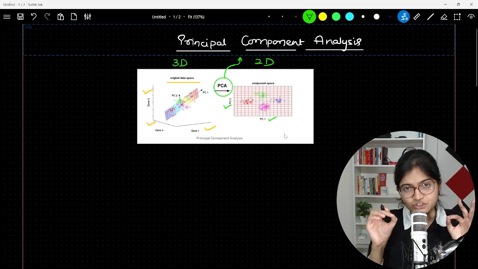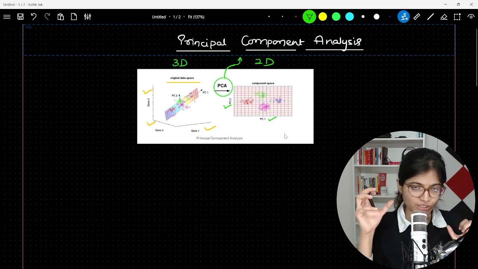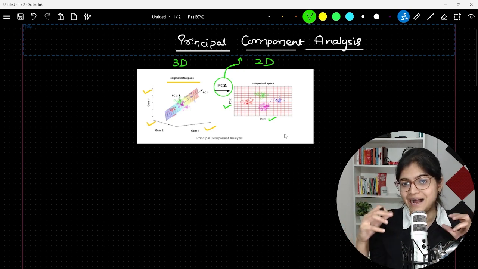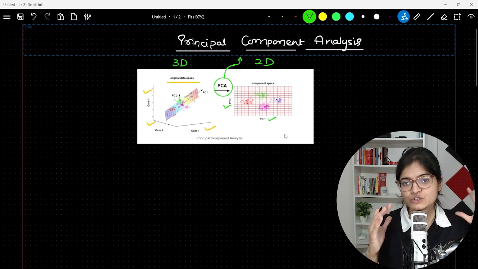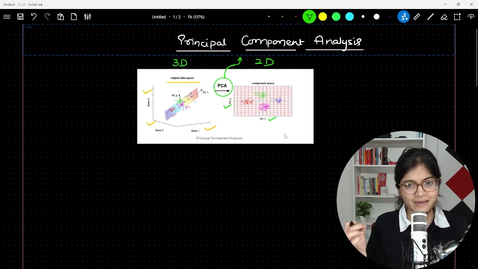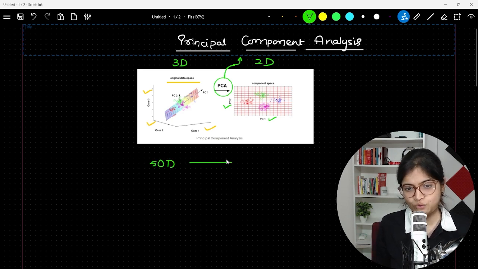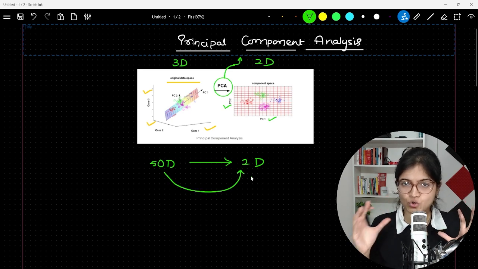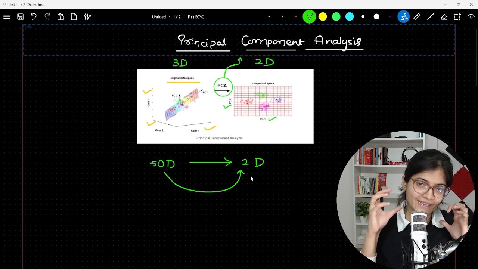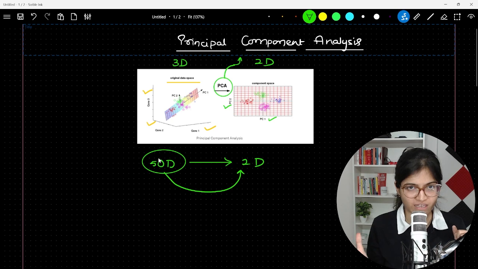Our PCA model will extract all the important features, values and information, and will try to give us a 2D space where almost all the information given by those 3 dimensions will be there. The same thing is applicable if we have a 50-dimensional space and want to reduce it to maybe 2 dimensions. We will have 2 components, PC1 and PC2, which contain the maximum information that these 50 dimensions of feature values are giving us.